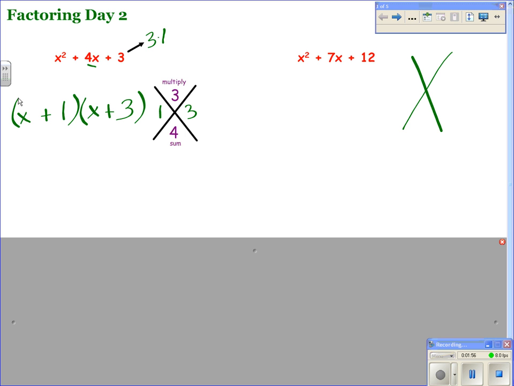What number goes here? And here. So we have to multiply to be 12, add together to be 7. 3 and 4. So we get x plus 3, x plus 4. If you would multiply these two quantities together, this is what you would get.